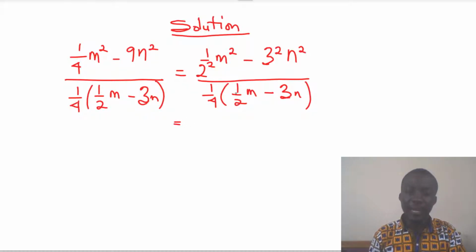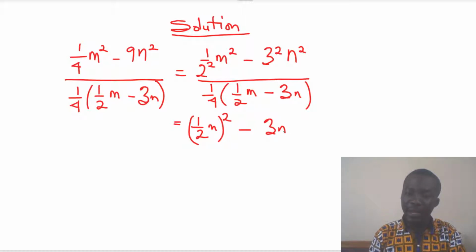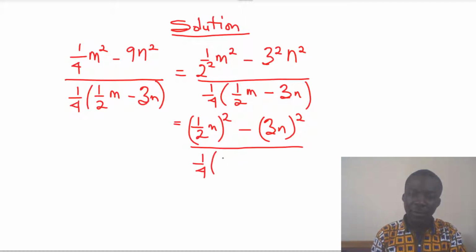At the numerator side, we can put these in a bracket as 1 over 2m, then the square will come outside, minus here the same thing, 3n, then the square will also come outside, divided by 1 out of 2 into brackets 1 out of 2m minus 3n.